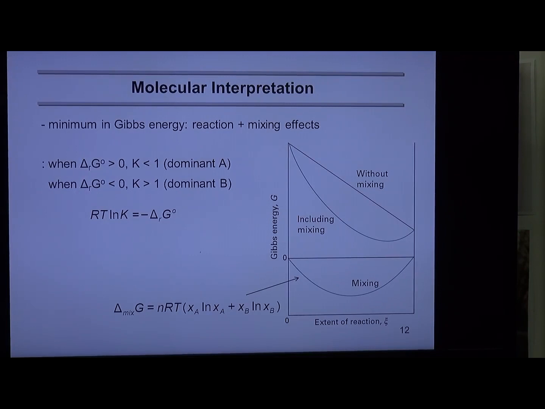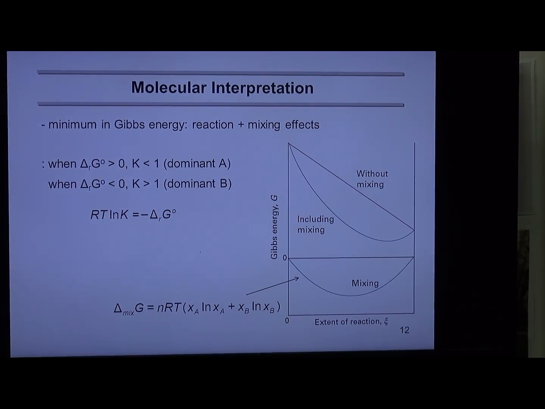If you want to interpret this at molecular level, why does Gibbs energy show a minimum as the reaction goes? Basically, reaction Gibbs energy is the sum of entropy and enthalpy terms, right?